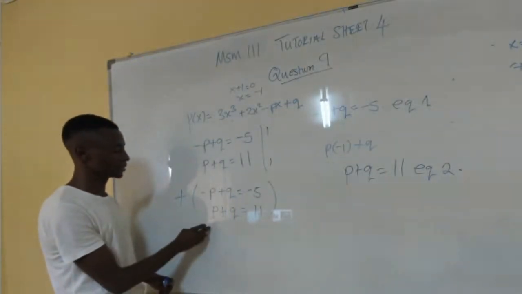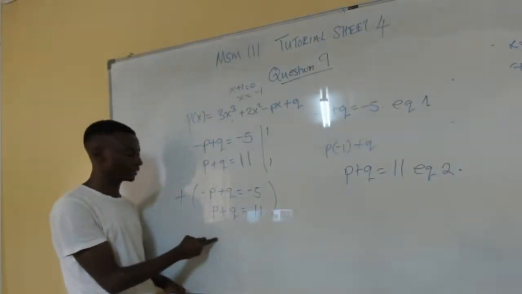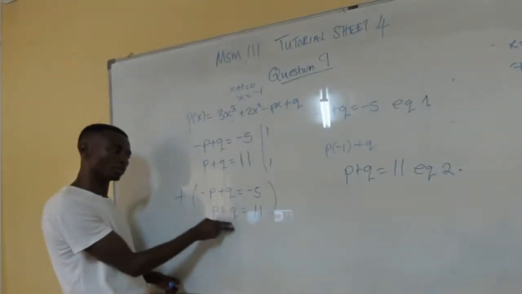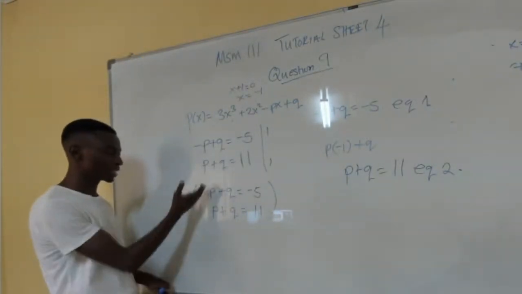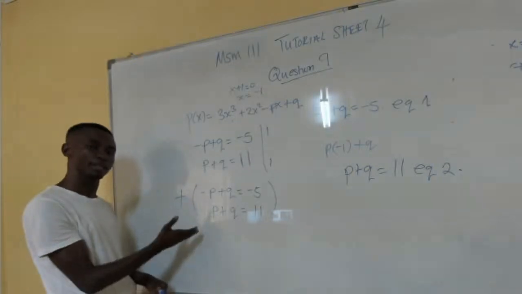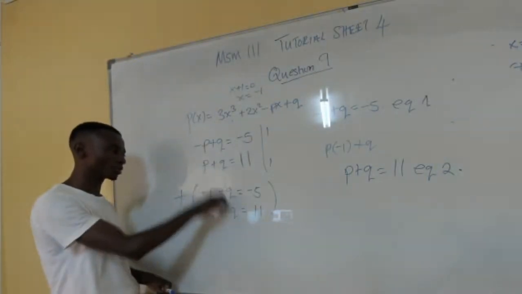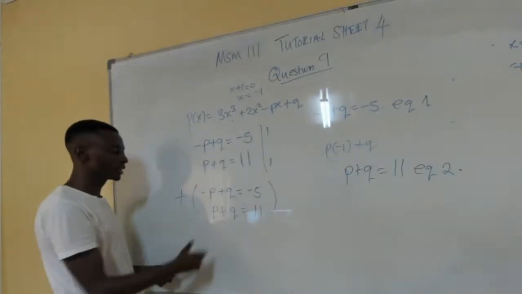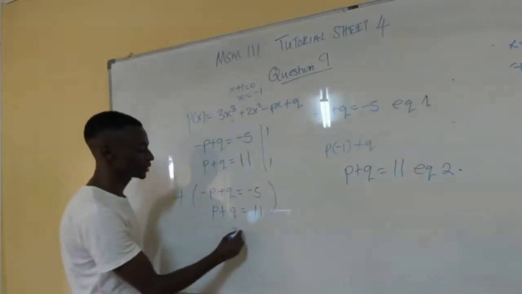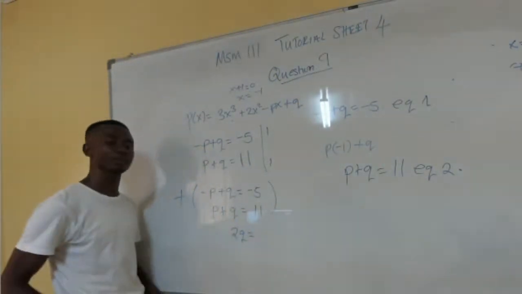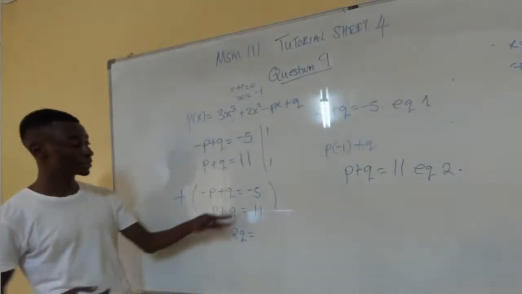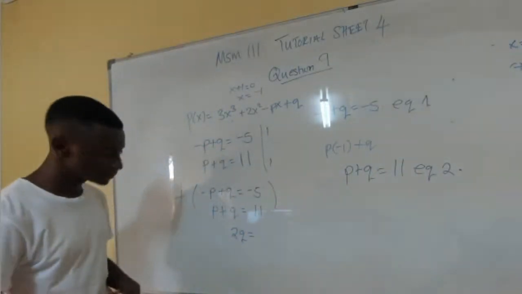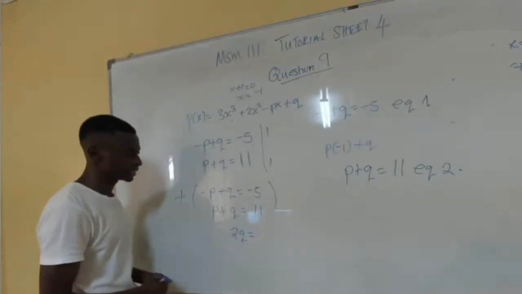Since here it's 0, we'll indicate nothing and just consider the Q terms. So Q plus Q is 2Q equal to negative 5 plus 11. What is the answer? That's 6.